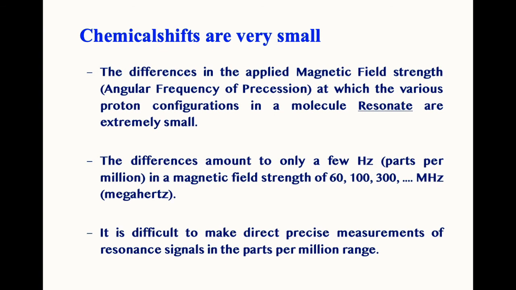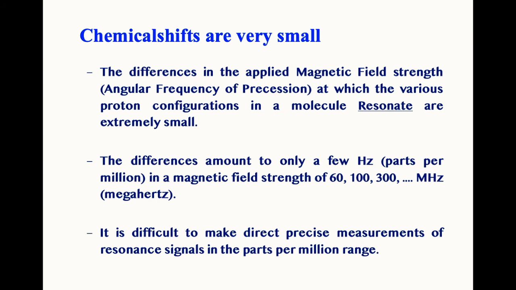Yes, they are found to be of the order of a few hertz out of megahertz. Therefore, from an instrumentation point of view, it is very difficult to measure such small quantities. In order to address these two problems, what are those? One is that the chemical shift value keeps on changing with respect to the applied field strength. Another problem is that the measured chemical shift values are extremely small.